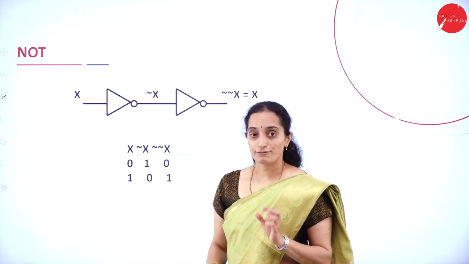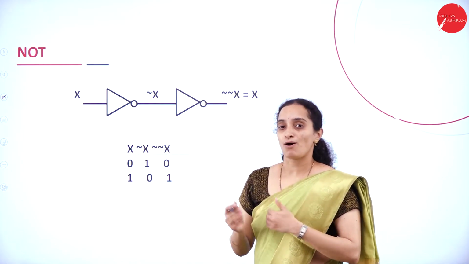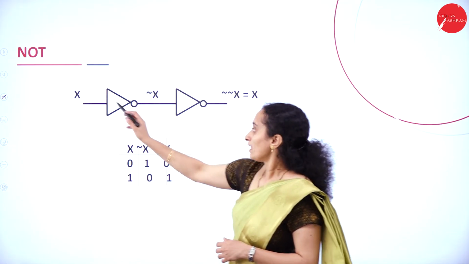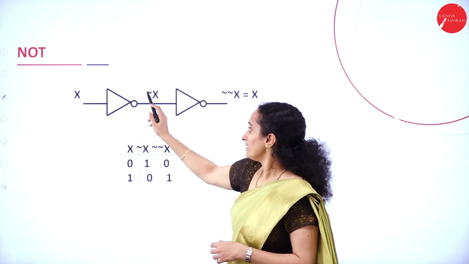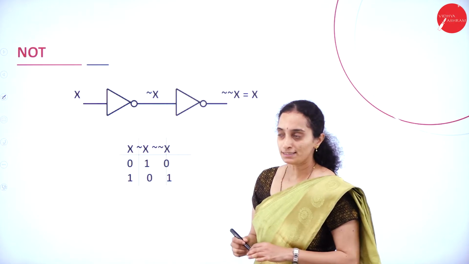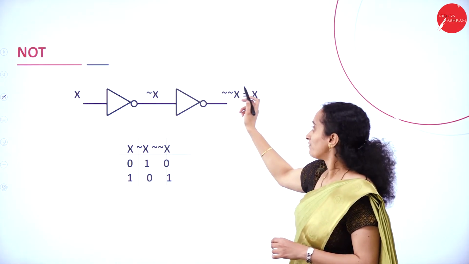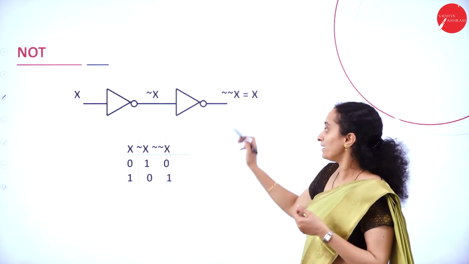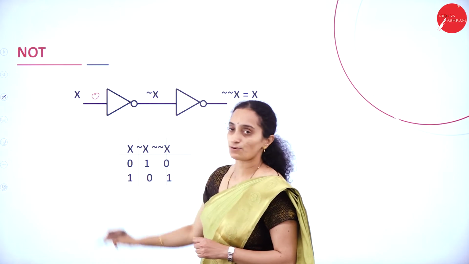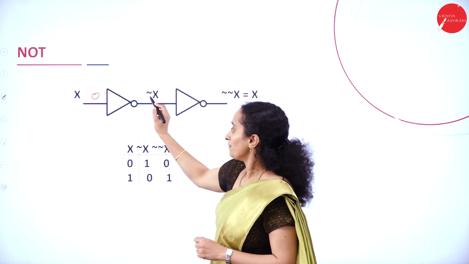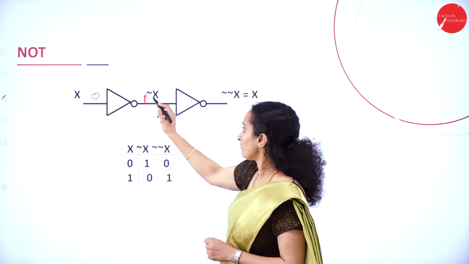If you use two NOT gates, it is double complementing. Now we have x complemented, which will give you x complement. When you apply the complement once again, it will be a double complement and gives the same value. Suppose I give 0 here, coming out of the gate it will become 1.